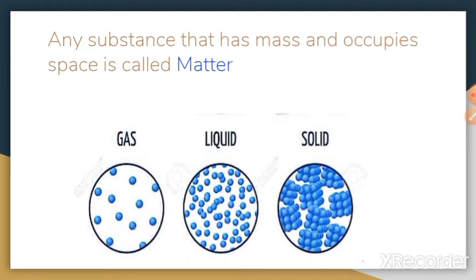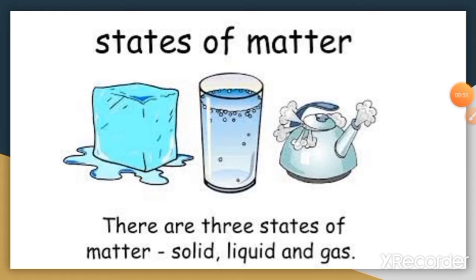But some substances can flow and take the shape of their container, like water and milk. While there are forms of matter that do not have a fixed shape or size, such as air. And there are three states of matter: solid, liquid and gases.